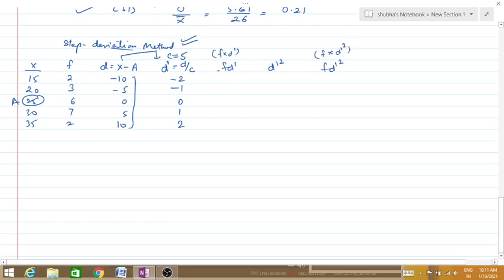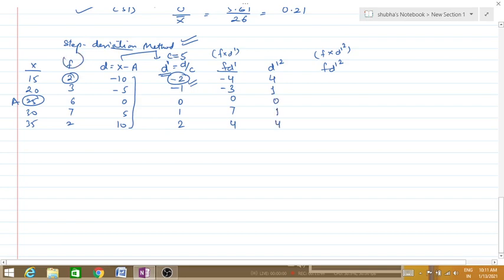So here first we will calculate f d dash, that means frequency into d dash, that means 2 into -2. It becomes -4, -3, 0, 7 and 4. To calculate d dash square, we square it, 2 into 2 is 4, minus minus becomes plus, 1 into 1 is 1, 0, 1 and 4.